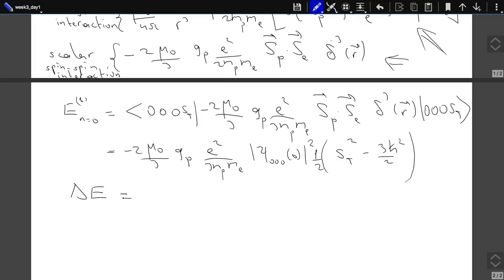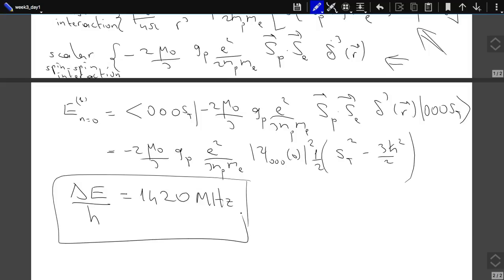This change, if you put in the numbers, is at this frequency, megahertz. Which is, by the way, 21 centimeters, or these are the microwaves. So you have the microwave transitions.